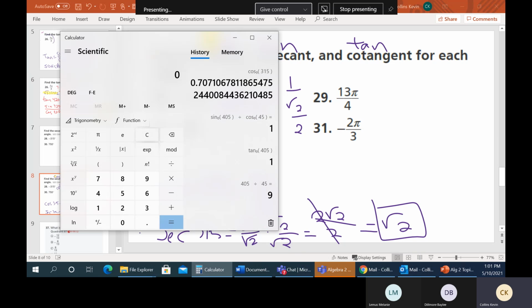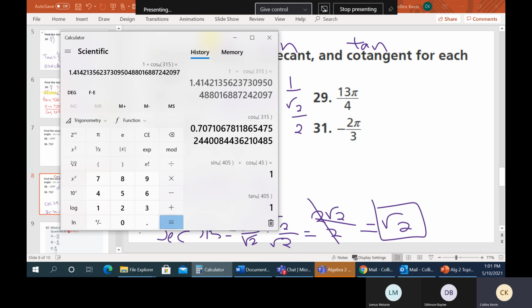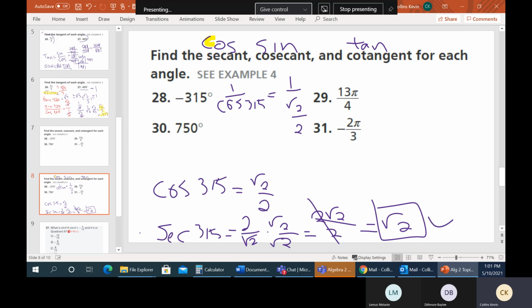If I go 1 divided by 315, take the cosine, and then hit equals, we get 1.414, which is the same as saying the square root of 2. So there it is.